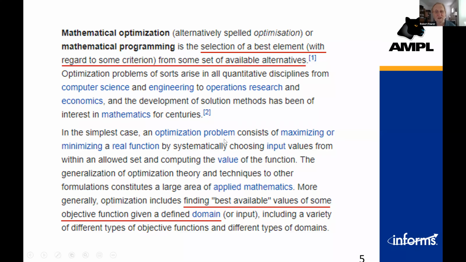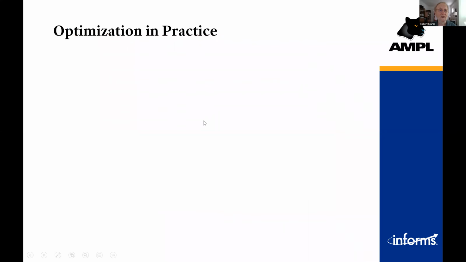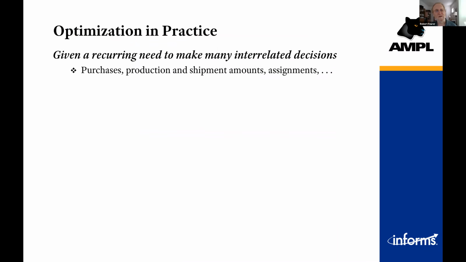So let me say what I mean by a practical optimization. I feel that it comes up when you have a recurring need to make a large number of interrelated decisions, whether they're purchases or production amounts, assignments, anything with too many decisions to just make them by hand. And you want to consistently make highly desirable choices.